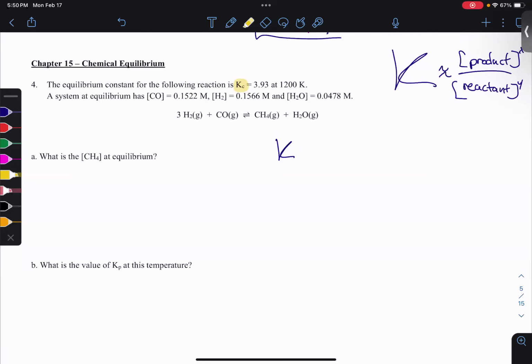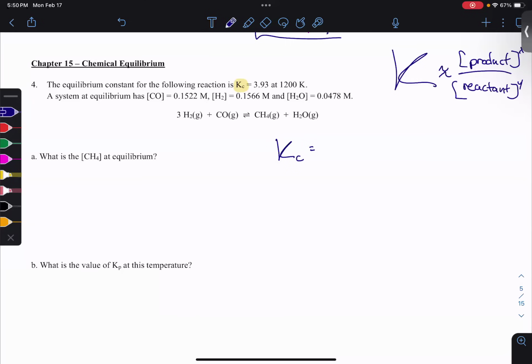So in this case, we give you Kc. So that means when we derive our K expression, we want to make sure we include things that have concentrations. Gases and aqueous things have concentrations, but when we do Kp and insert pressures, only gases have pressures. So if I'm given a Kc expression or value, I should write the expression so I know what that number represents.